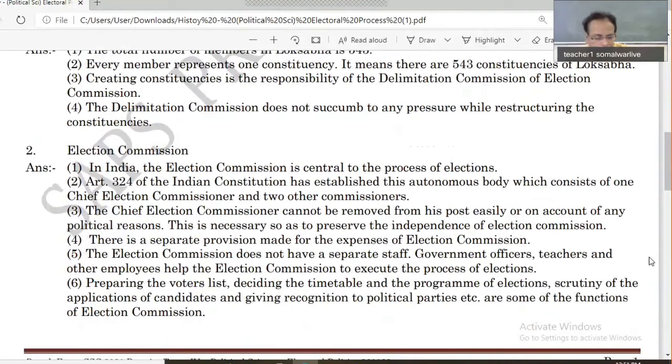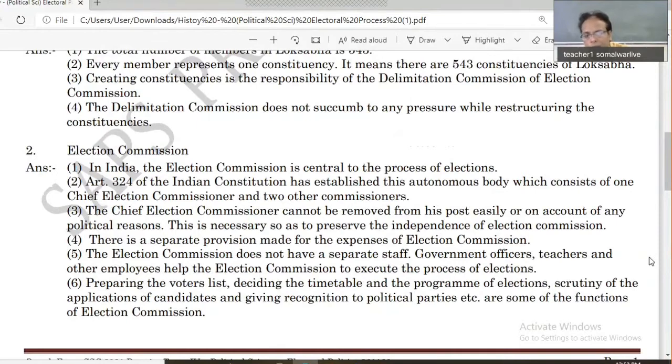Now another one: election commission. Write short notes on election commission. In India, the election commission is central to the process of election. Article 324 of our Indian Constitution has established this autonomous body, which consists of one chief election commissioner and two other election commissioners.